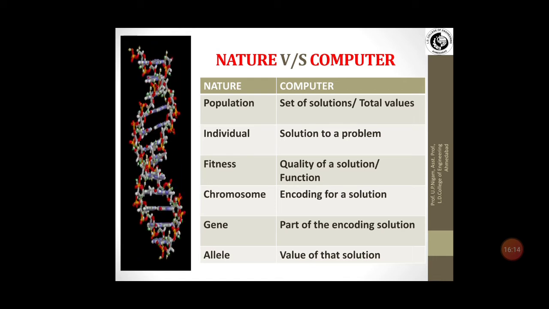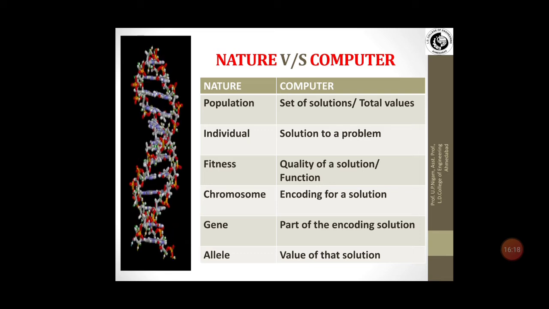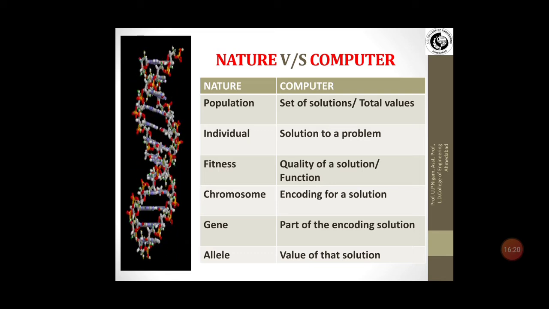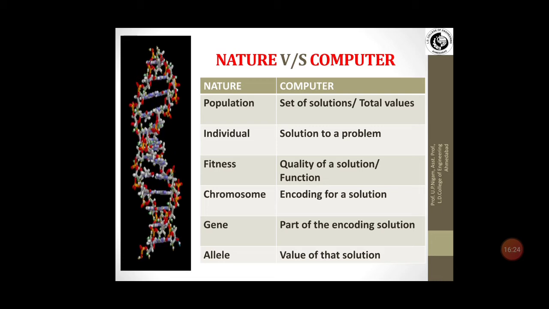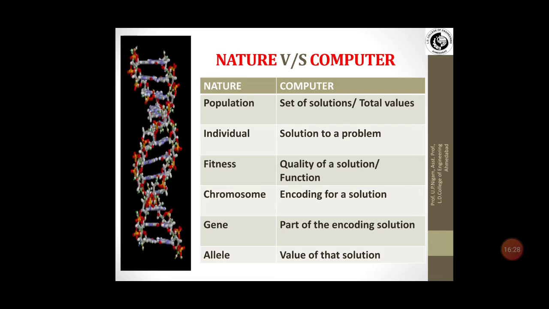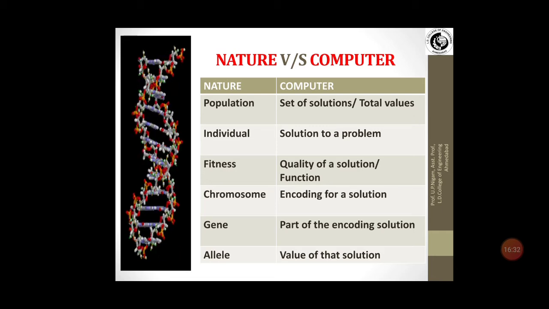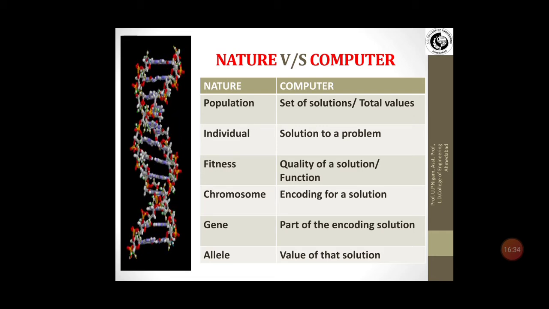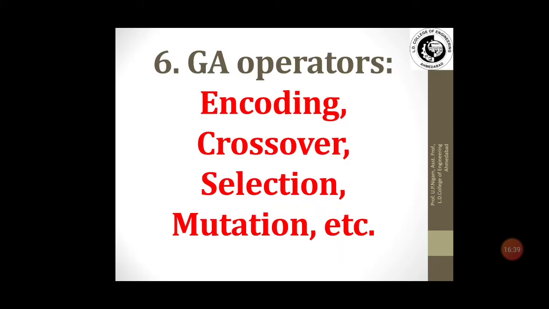So nature versus computer: population means set of solutions or total values, individual means a solution to a problem, fitness means quality of a solution or function, chromosome means encoding for a solution, gene means part of the encoding solution, and allele is the value of that solution. We have also discussed it earlier using the diagrams.